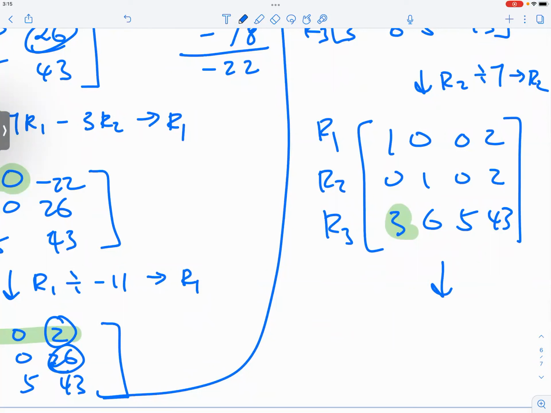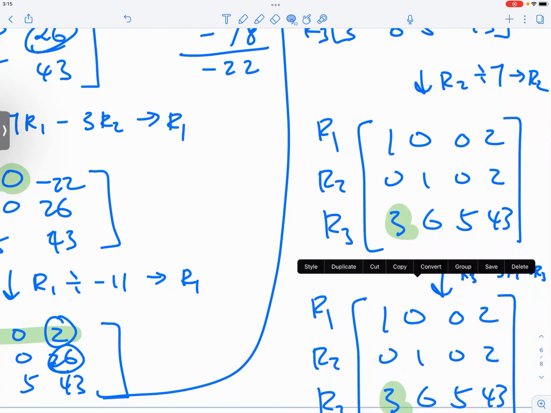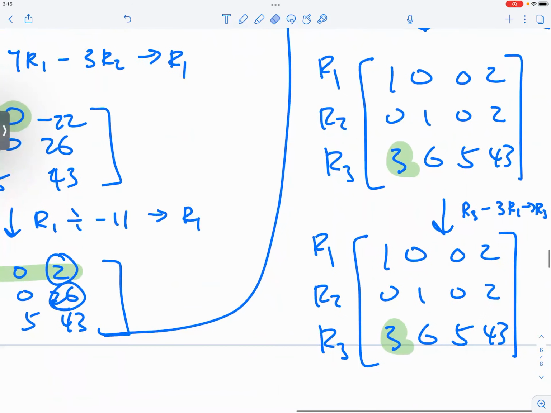So to do that, I would say R3 minus 3 times R1 gives us a new R3. And I'm going to be a little bit lazy here so that I can save some time. So row 3 is going to be somewhat smaller now. So 3 minus 3 will be 0. There'll be still 6. This will be 5. And 43 minus 6 will be 37.